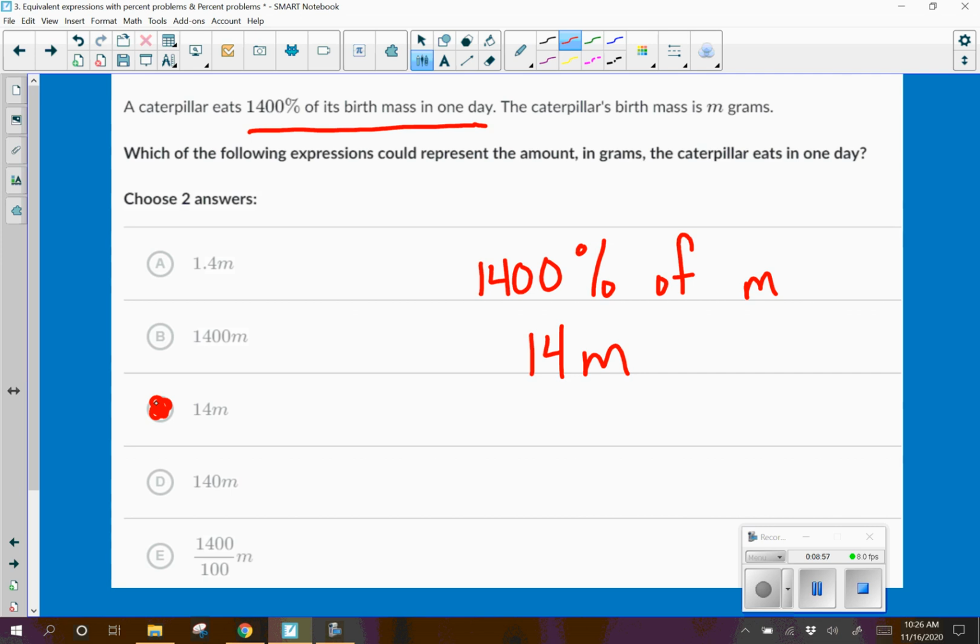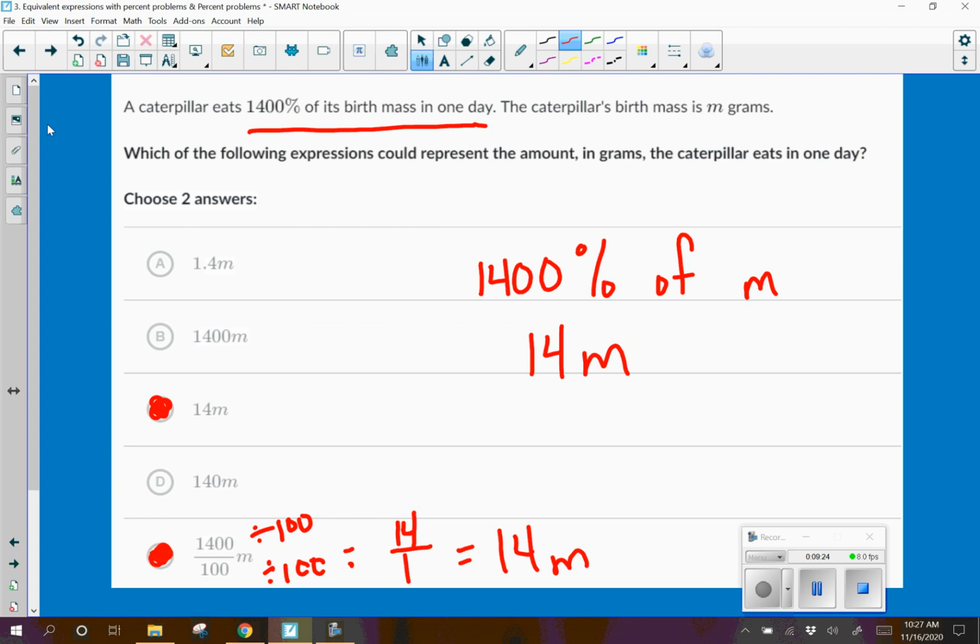And if you look at answer choice A, if I have 1,400 over 100 and I divide both of these by 100, well, 1,400 divided by 100 is 14, and 100 divided by 100 is 1, which gives us 14m also. So E would also be correct here.